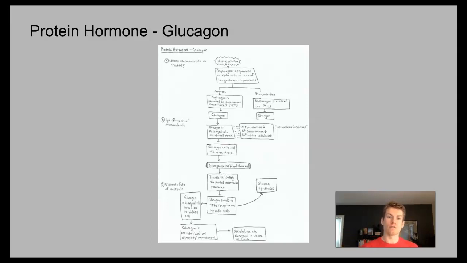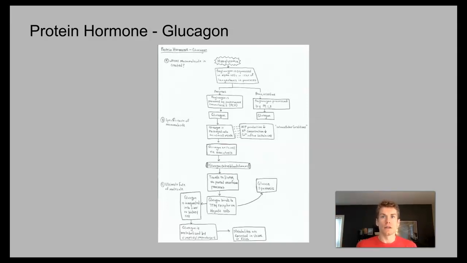This reduction of potassium in the cell will open voltage-dependent calcium channels, allowing calcium ions to flow into the cell. This down gradient will allow the glucagon to be released from the cell. So now glucagon is out of the cell.